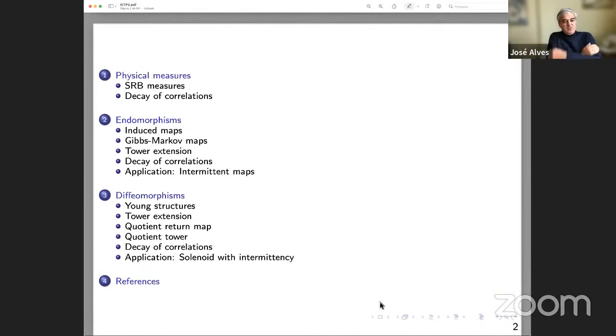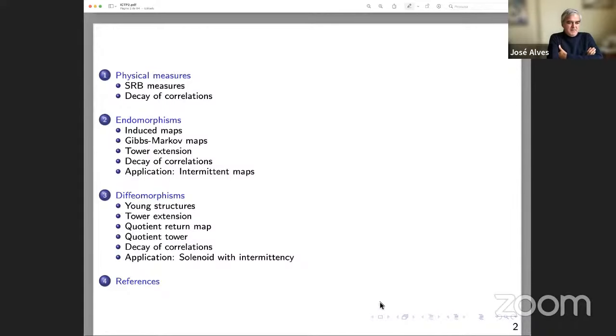In the first two classes, we have seen the first two sections in this table of contents. We made a brief introduction to physical measures, SRB measures and decay of correlations. And then we saw Gibbs-Markov maps, which are useful when, given a dynamical system, still for endomorphisms, for non-invertible systems, we induce in some region of the phase space.